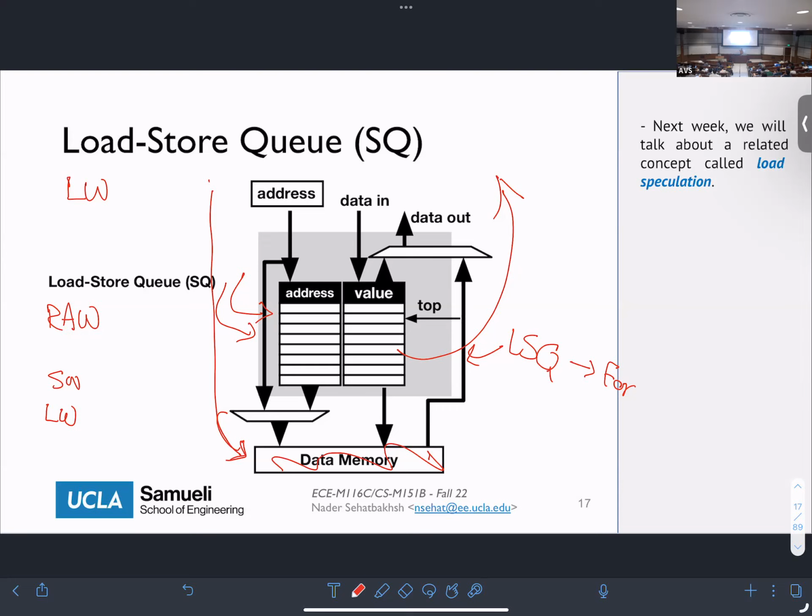We just put it into our store queue. When the actual retire happens, that's when we actually execute that instruction. And during that time, it is guaranteed that the instructions are happening in order. And since this is happening in order, we are guaranteed that there won't be any RAW data hazard or write after write data hazard or write after read data hazard, as long as we keep track of things in this load store queue. Does that make sense? Yeah.